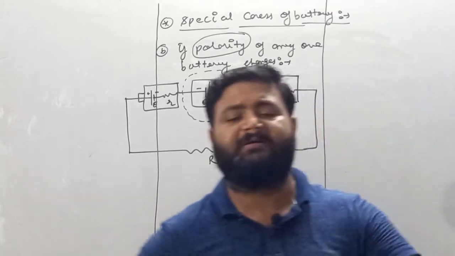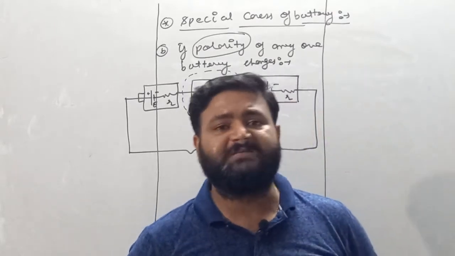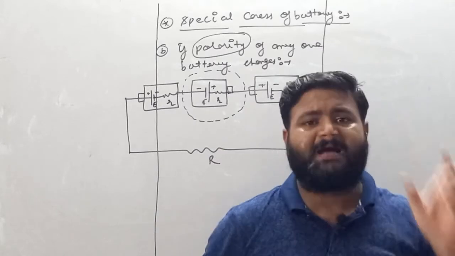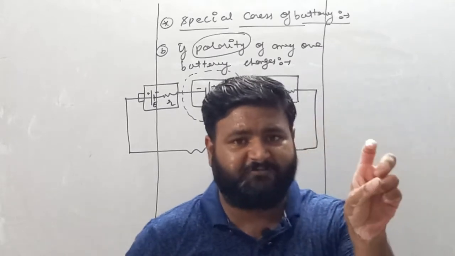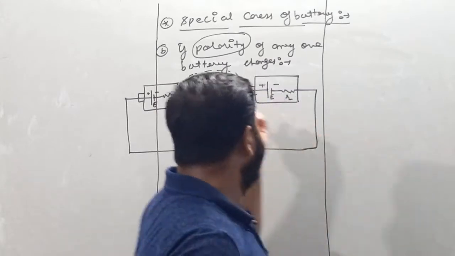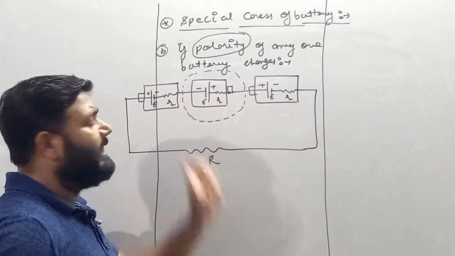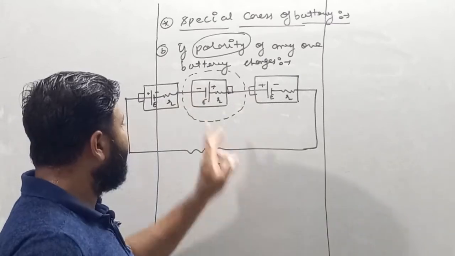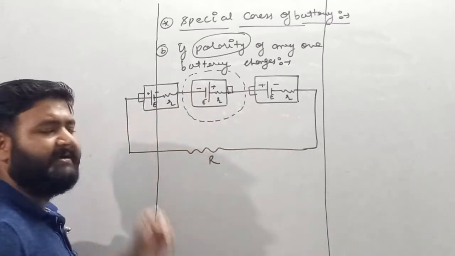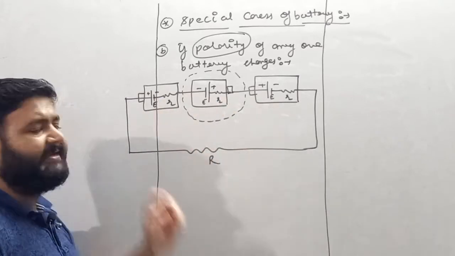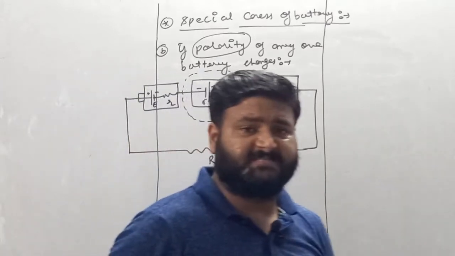Let's suppose you have an electrical device operated with batteries, and you connect one battery in the wrong way. So here I change the polarity of one battery. We have three batteries, all carrying the same EMF E and internal resistance R.